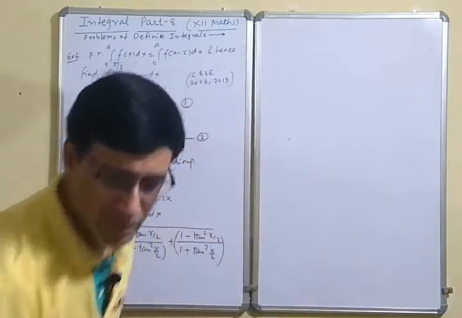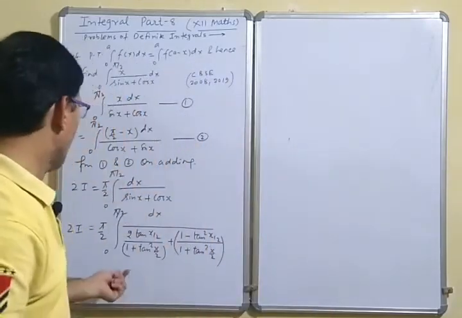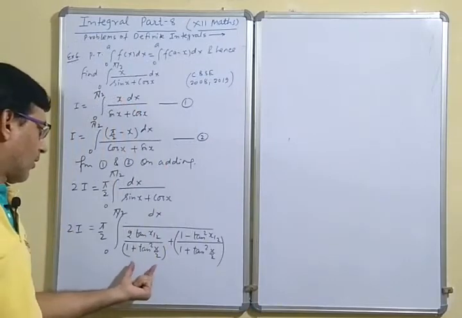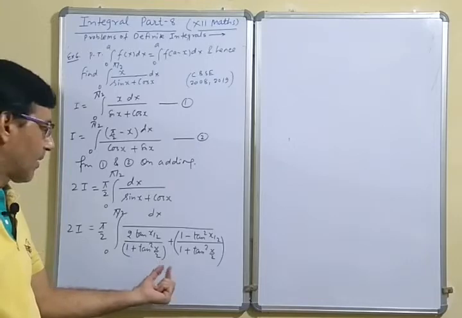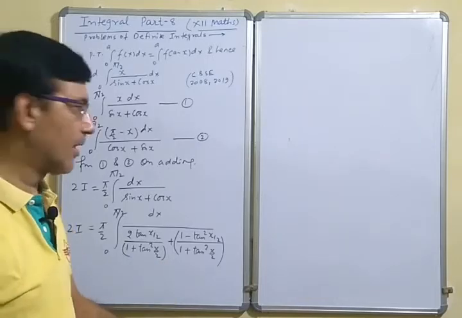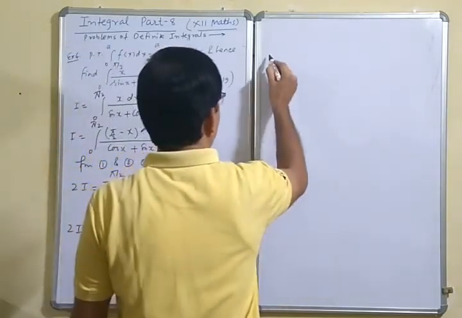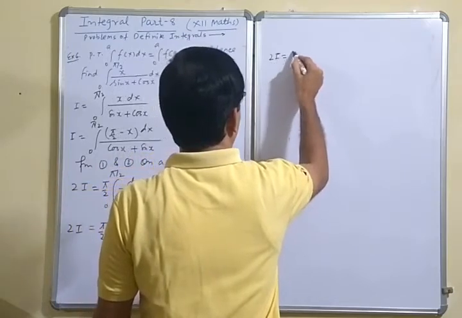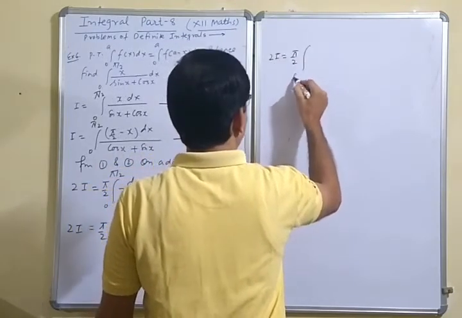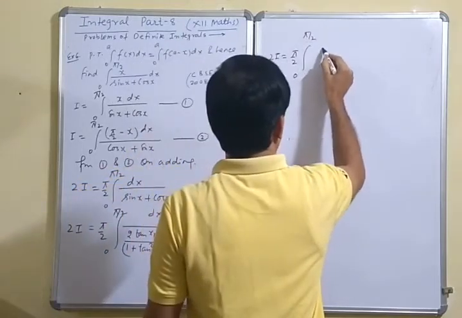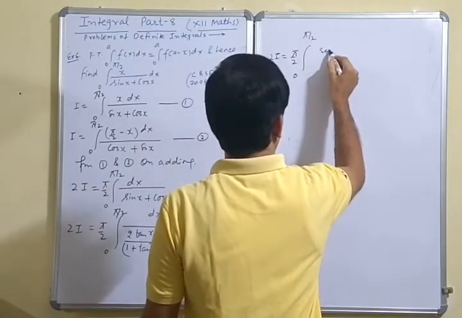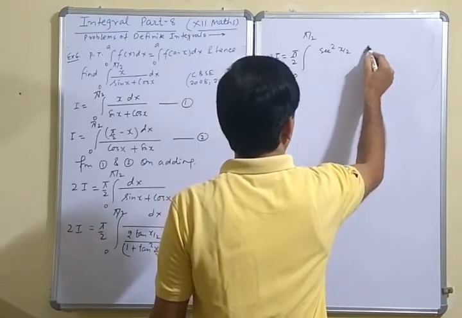So what it becomes? In the denominator, the LCM is 1 plus tan square x by 2, that is 1 plus tan square theta, which is sec square theta. So it goes in the numerator. Now 2I becomes pi by 2, limit from 0 to pi by 2, sec square x by 2 dx.